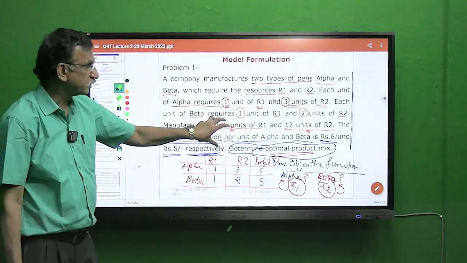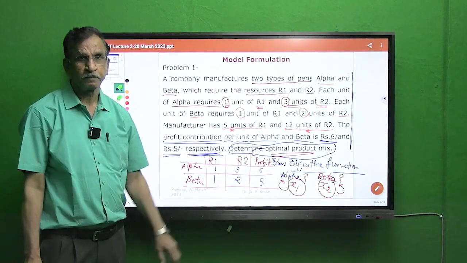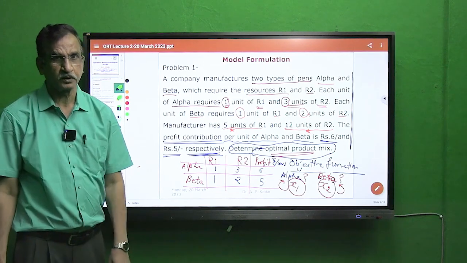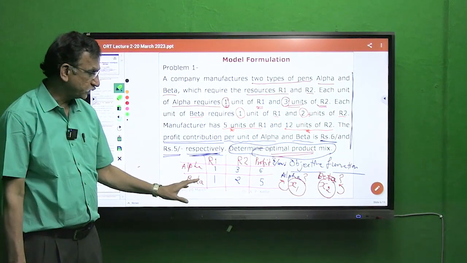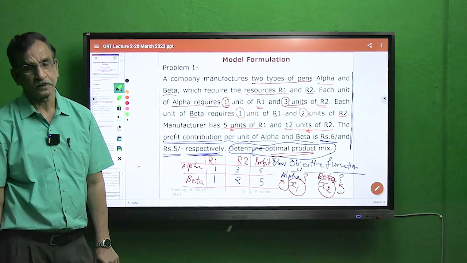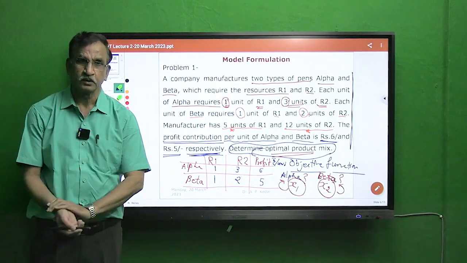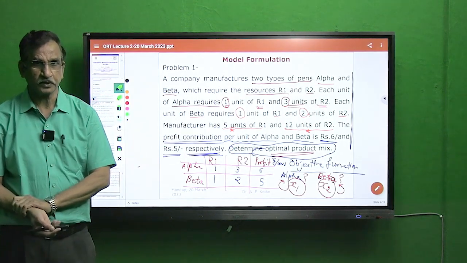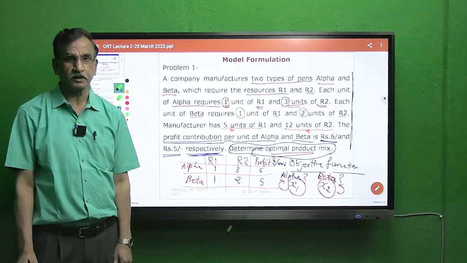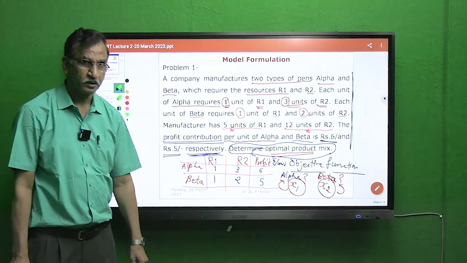Most of the information given I have quoted in the form of a summary. One important piece of information is still missing in this summary table. Can you guess? Anybody from the class? Any student who can guess what is missing in this table? Yes, right.